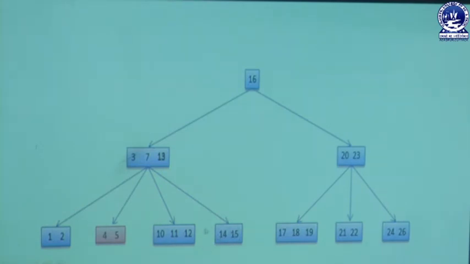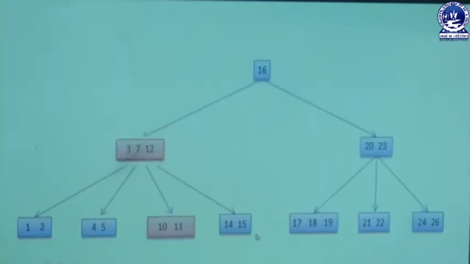And as it is not allowed to store all the keys here, the mid value, that is 12, will go up. When we delete 13, all the values like 10, 11, 12, 14, 15 will be merged because all are greater than 7. And as one node cannot contain all the keys, as it is violating the maximum number of keys of the B tree rule, for that reason 12 will go up, and now the tree will look like this.